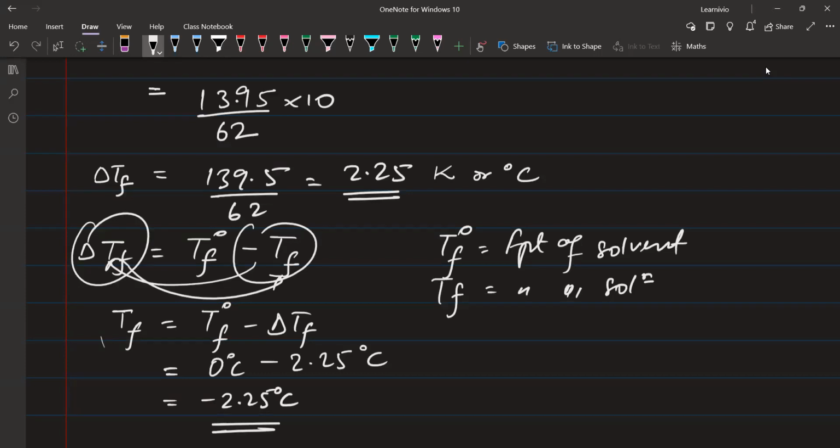We needed to calculate the freezing point of the solution, TF, so I had to separate it in the LHS. Got it? Yes, sir. Thank you, sir.